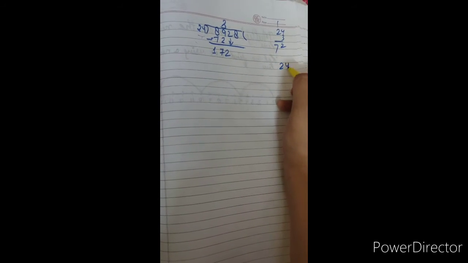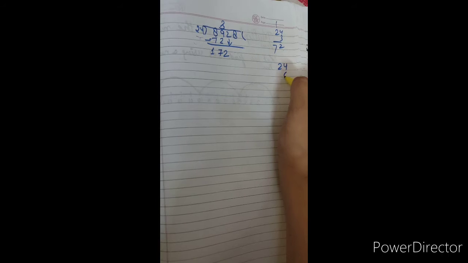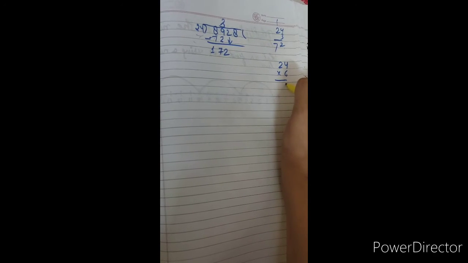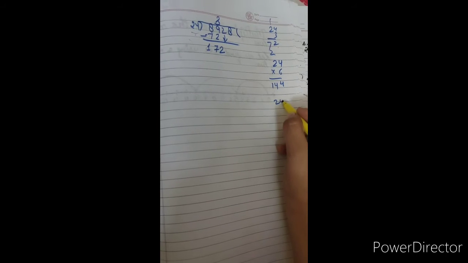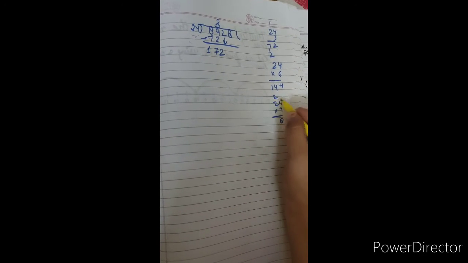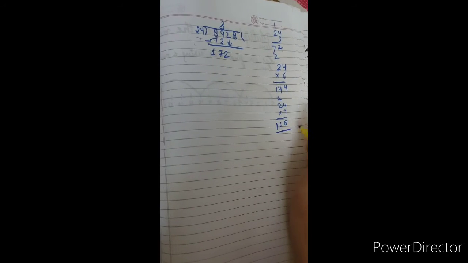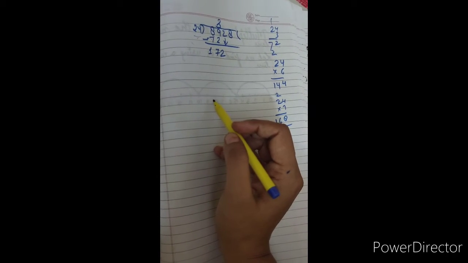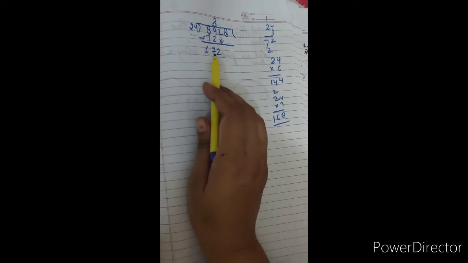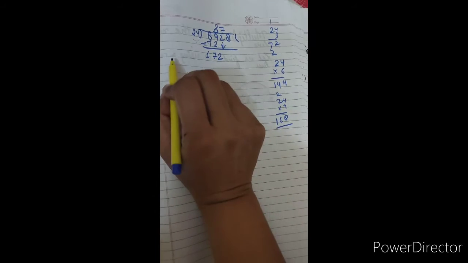So we find 24 threes are 72. 24 sixes are 144. And 24 sevens are 168. 168 is near about 172. So 24 goes into 172, 7 times. So write 7 after 3 in the quotient and 168.